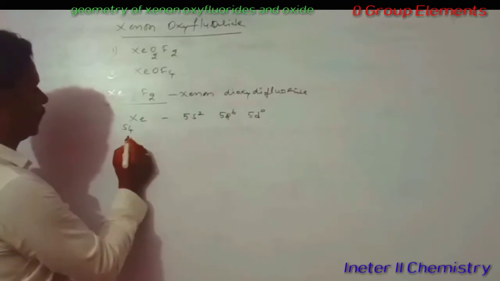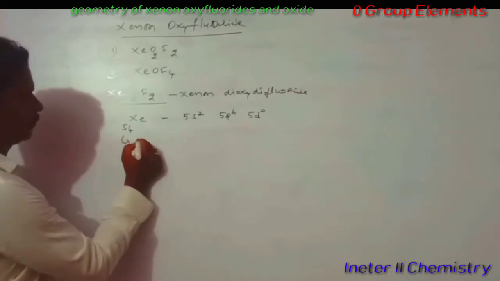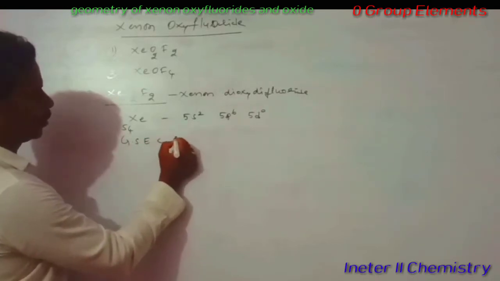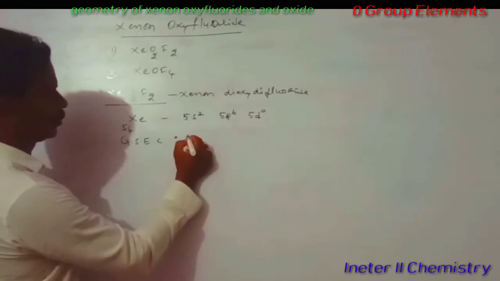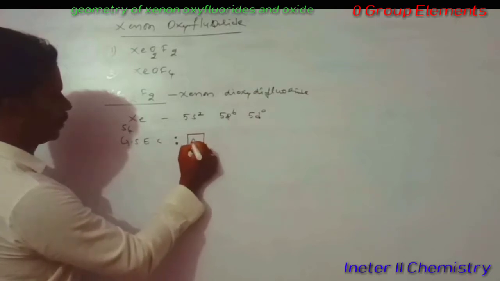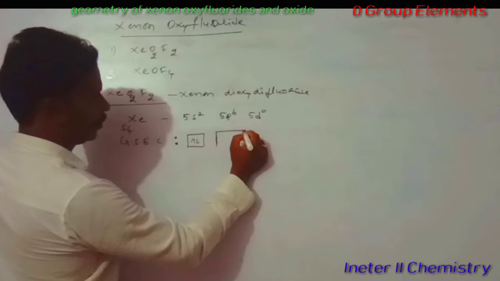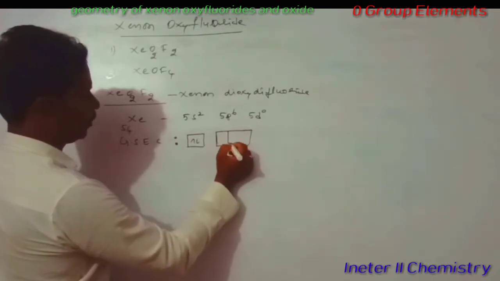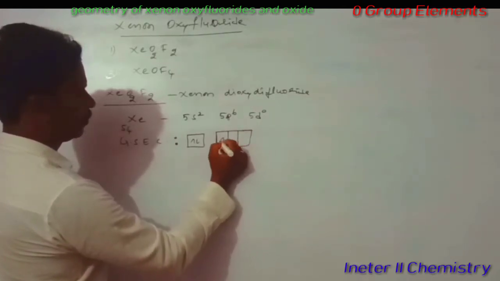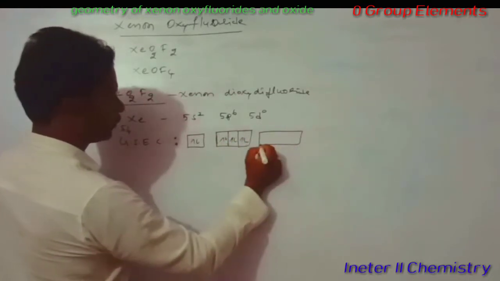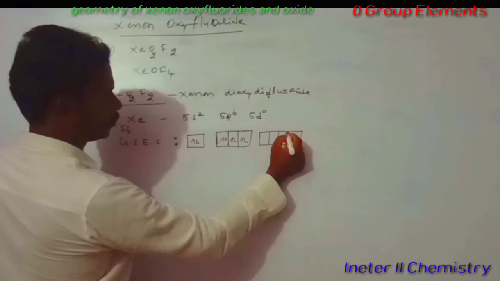So this is called the ground state electron configuration. According to the ground state electron configuration, you can write like this: 5s2, 5p6, and the 5d orbital is vacant in the outermost shell.